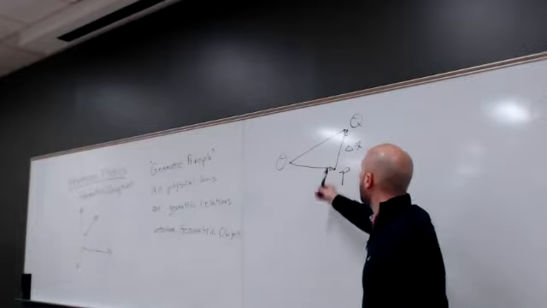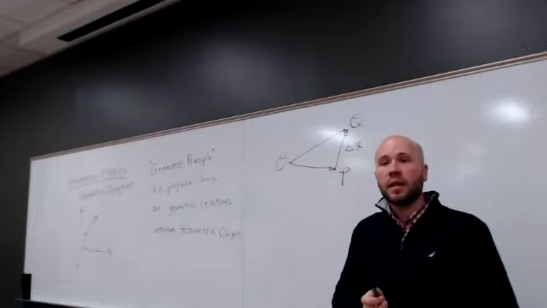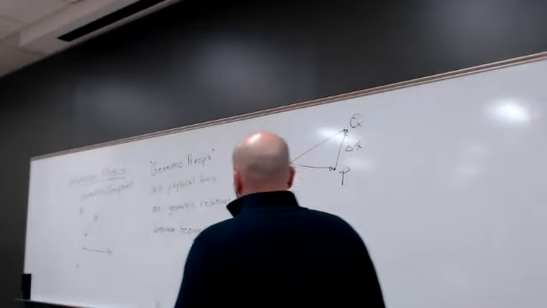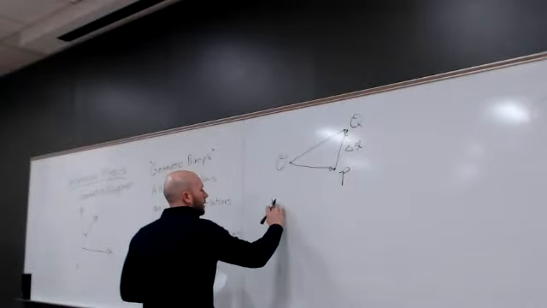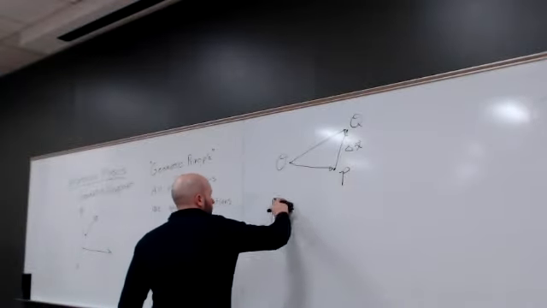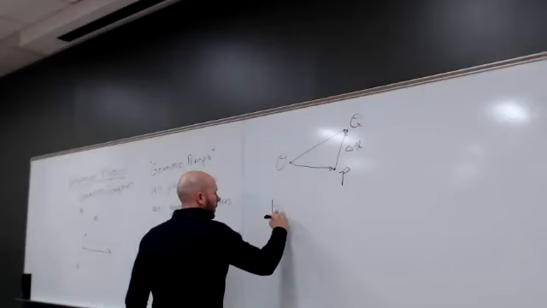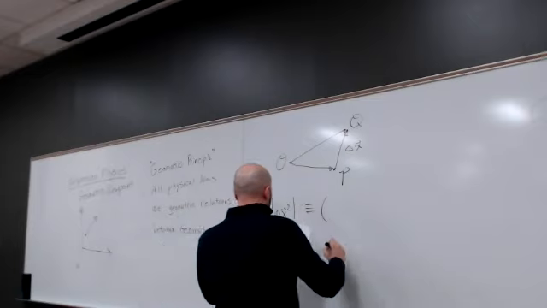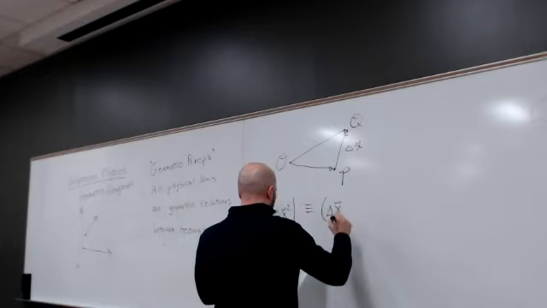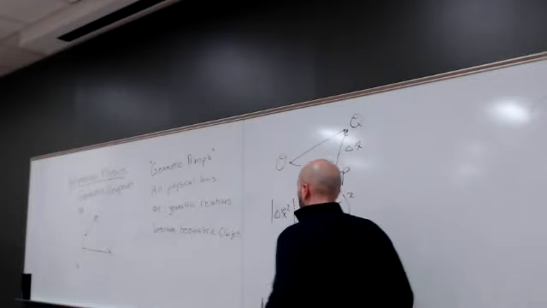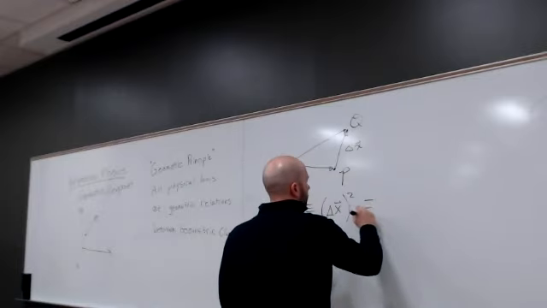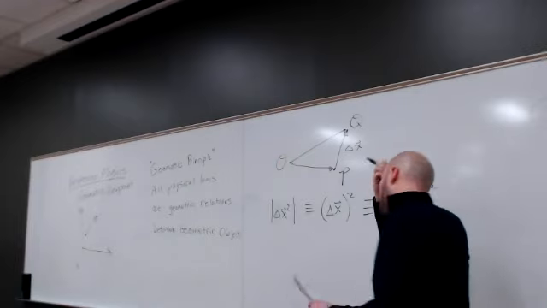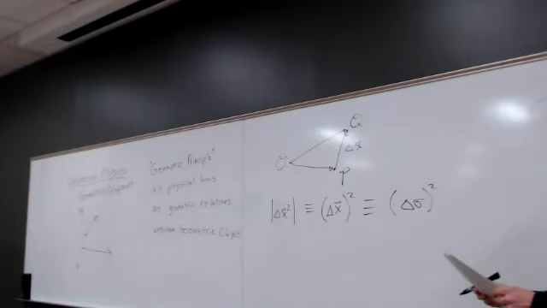Now, I can define this distance between point P and Q without defining a set of basis vectors and without defining a coordinate system. So if I wanted that distance, delta x squared absolute value is just going to be delta x, that guy squared, which I'm going to define here as being some separation between those 2 points, delta sigma.